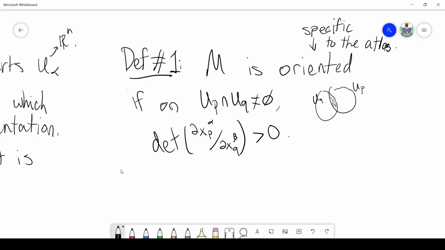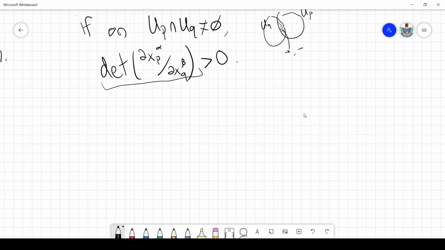Since this Jacobian is continuous and it can't be 0, on each overlap it will either be positive or negative. So for M to be oriented, we're saying that it's always going to be positive no matter what overlap we look at. The Jacobian in that overlap will be positive. So that's definition 1.